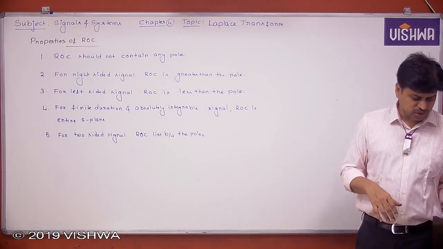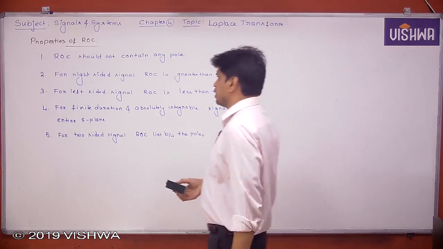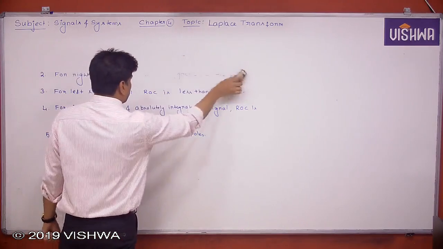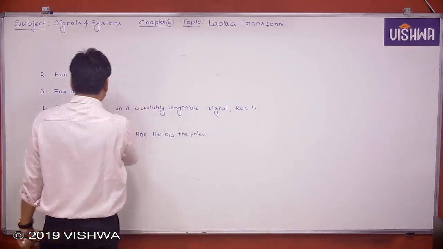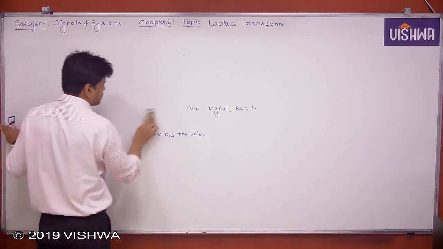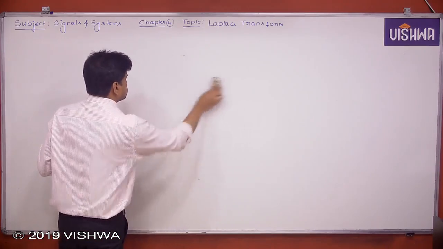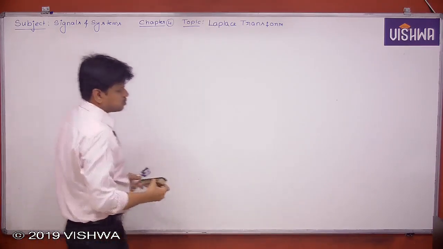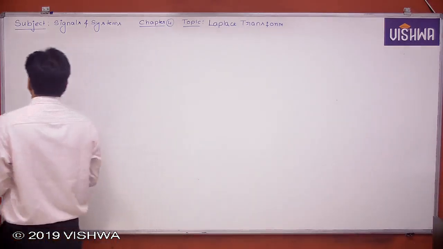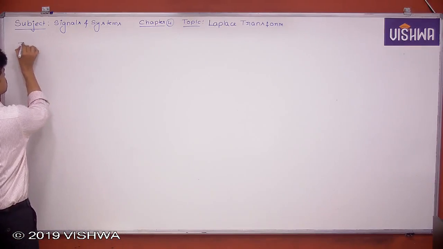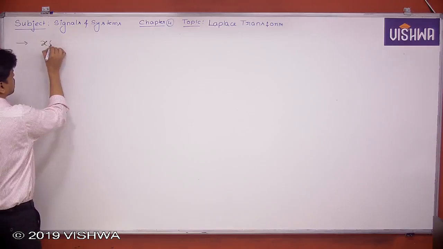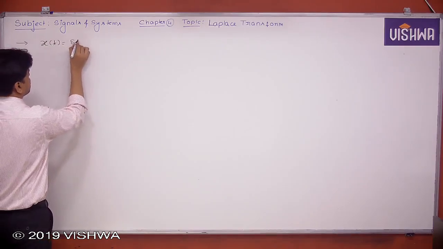Now let's enter into some signals. We have to see what the Laplace transform is and what the ROC is for them. The first signal we have to see is delta t. X of t is equal to delta t.